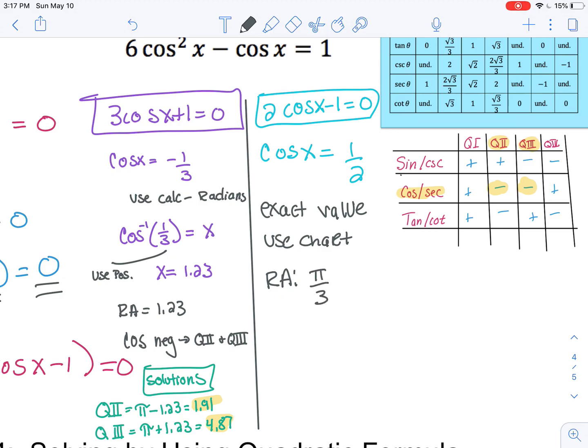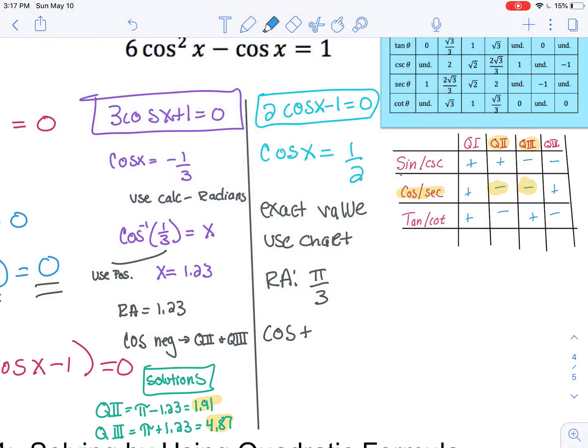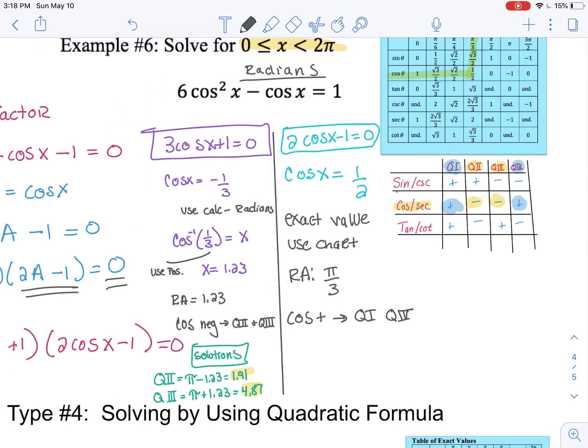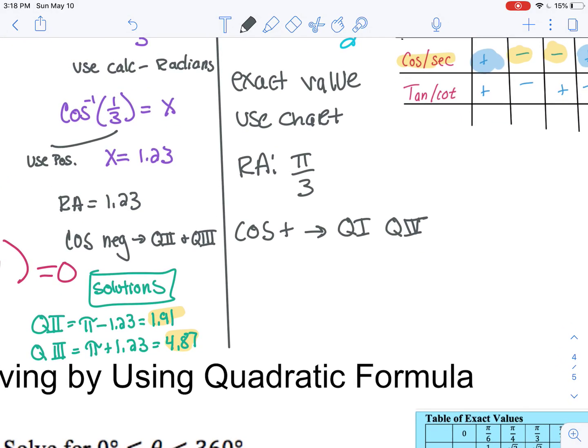I need to figure out in which quadrants cosine is positive. So I can see cosine is positive in quadrant 1 and quadrant 4. That means I'm going to have two solutions, quadrant 1 and quadrant 4. So I can come up with my solutions now.